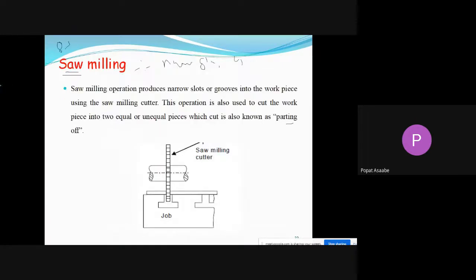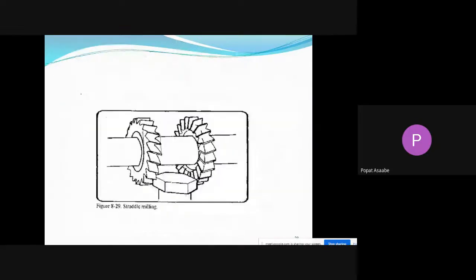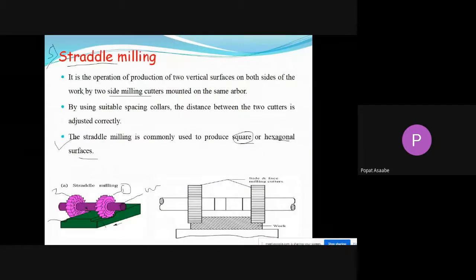Again, the next operation is straddle milling. What is meant by straddle milling?